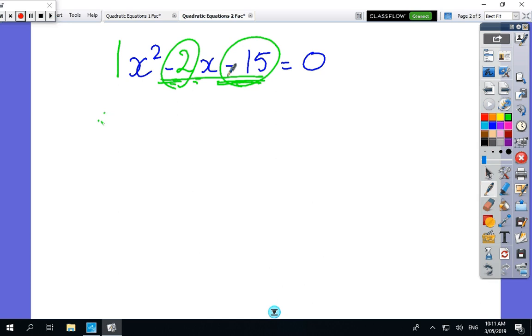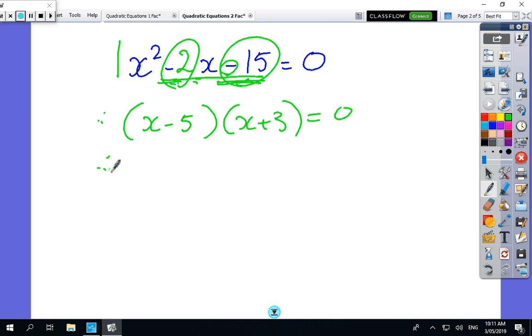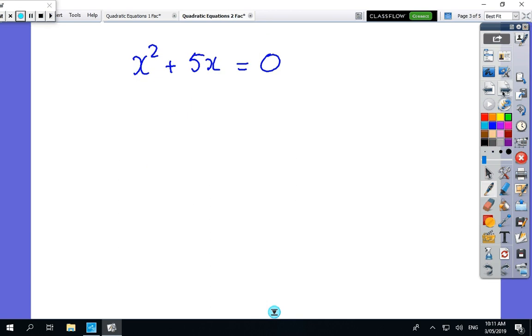Okay, it's a minus at the back, so it has to be one plus and one minus, and minus 5 and plus 3 gives us minus 15, and minus 5 plus 3 gives us minus 2, equals 0. And then once you've got your factors, the answers are just the opposite in the bracket. We don't have any coefficients to worry about, so the answers are just minus 5 becomes plus 5, plus 3 becomes minus 3. So copy that and come across, and we'll look at some harder ones.